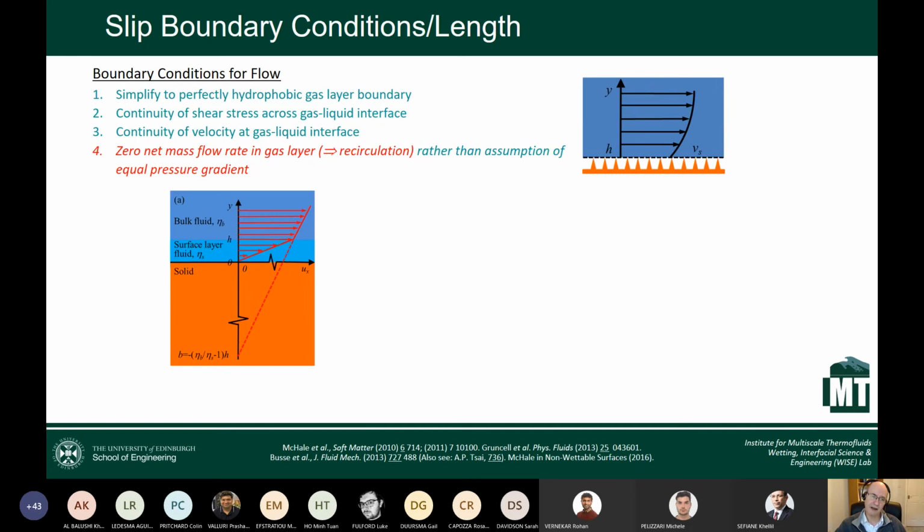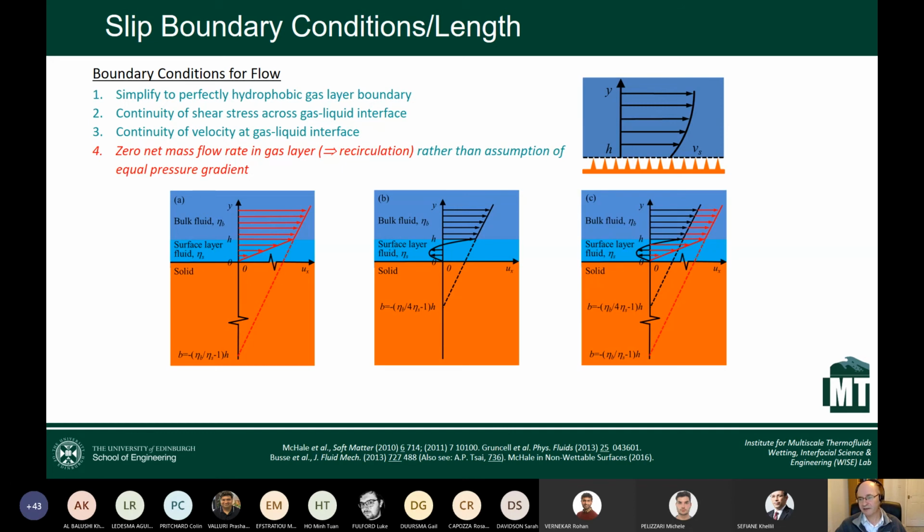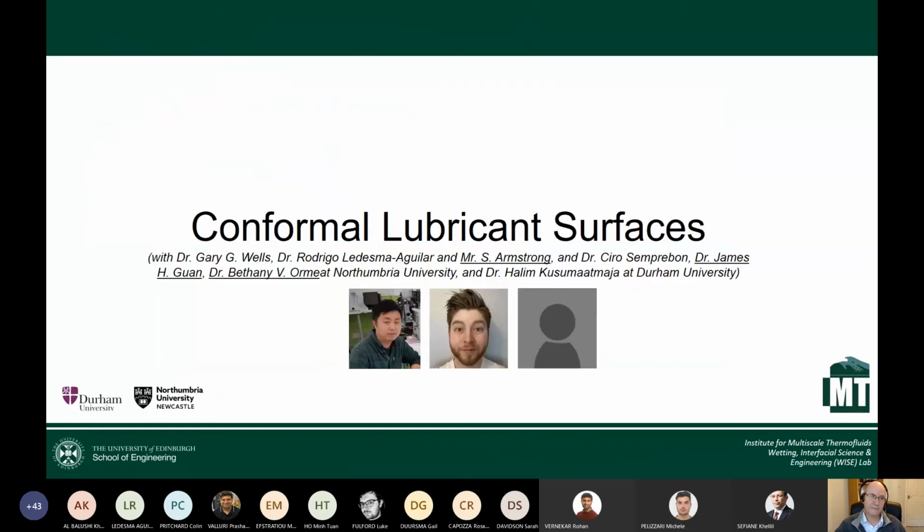So rather than having a layer of fluid at the surface of the solid flowing from left to right, creating a slip effect, an apparent slip, which is related to the ratio of the viscosity of the bulk fluid to the surface layer of fluid, you can get some backflow, some recirculation, and that gives you a smaller slip length, and you essentially get this kind of picture. And so you can start to come up with general boundary conditions for slip in this kind of case. But it does involve, therefore, a recirculating layer of gas or vapor.